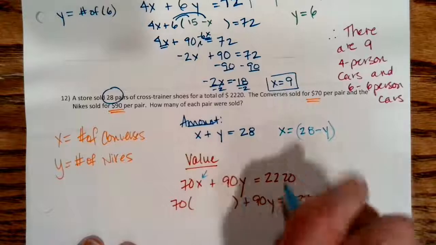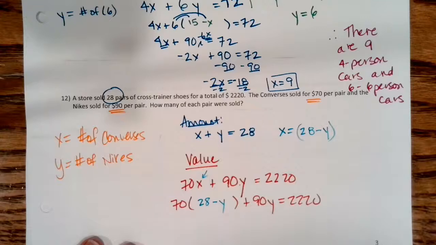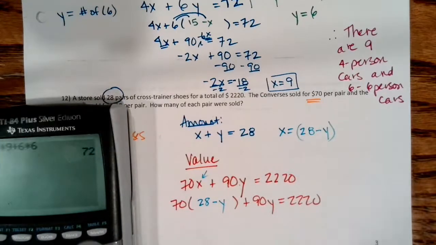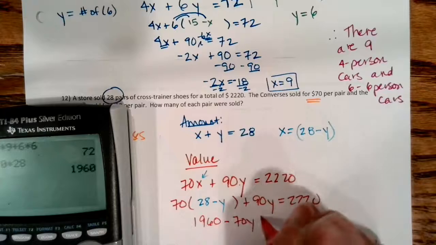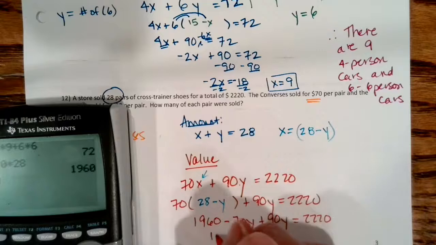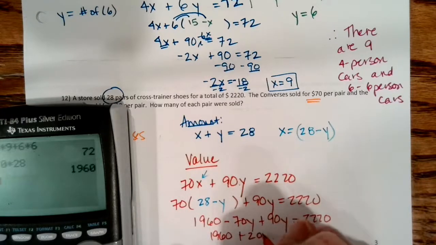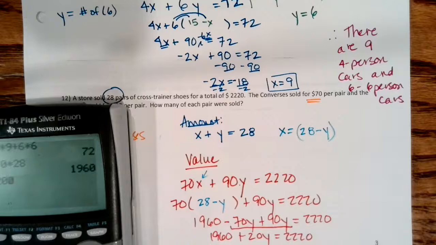And X has a value of 28 minus Y. 70 times 28 is 1,960, minus 70Y plus 90Y, equals 2,220. 1,960 plus 20Y, we combine these like terms, 2,220 minus 1,960.